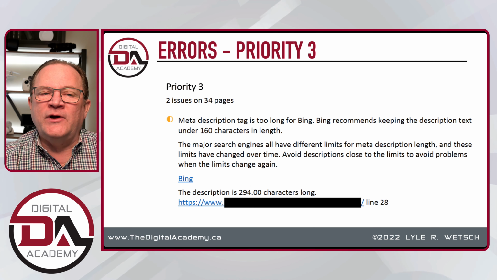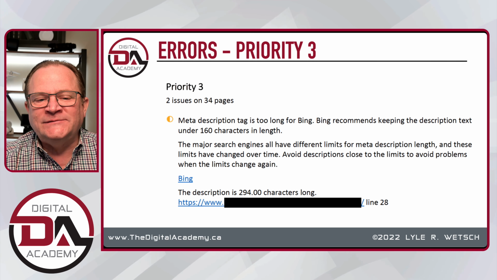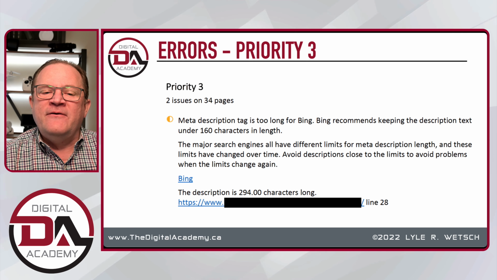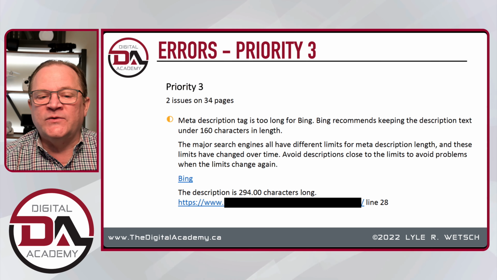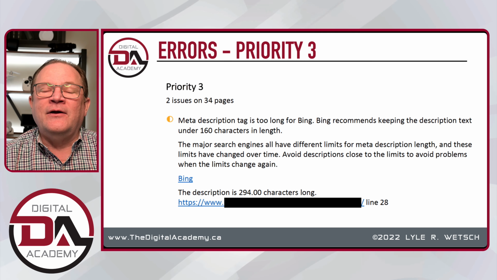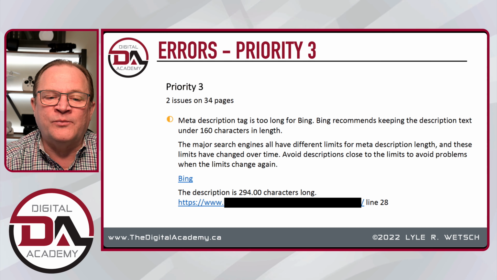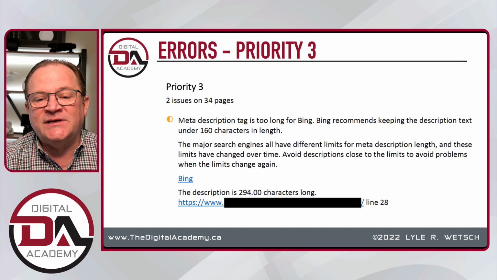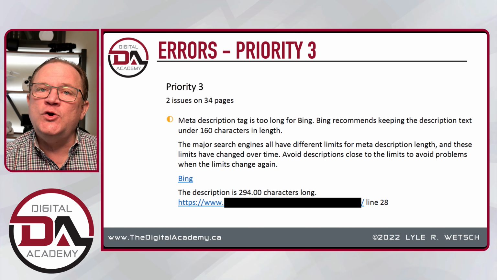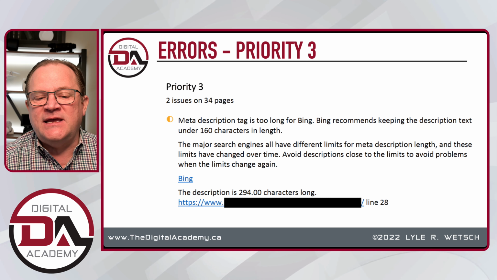When we look at priority 3 issues, these are ones that are still important, but perhaps less critical down the road. So for example, here's one where there's 2 issues on 34 different pages. And this is where not just is the title that we looked at in a more important priority, but the description is being too long for Bing, and it tells you what the length needs to be for that and how many characters there are.